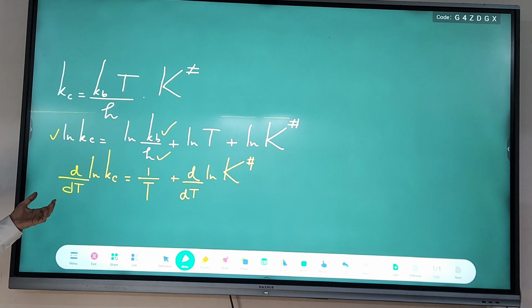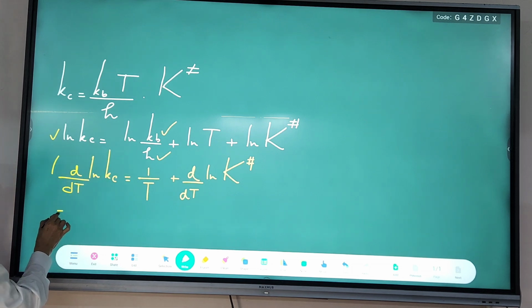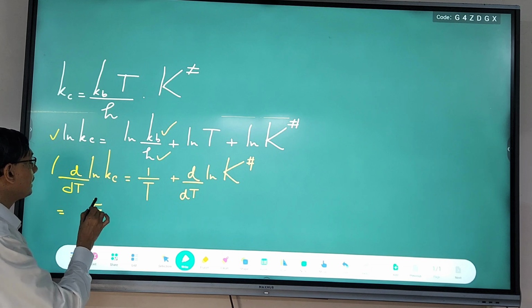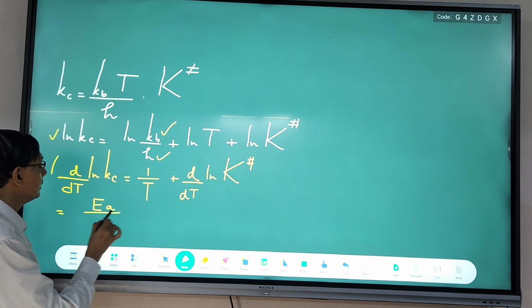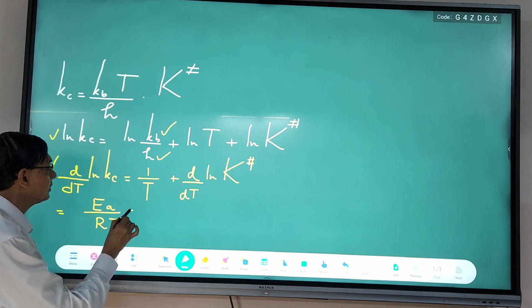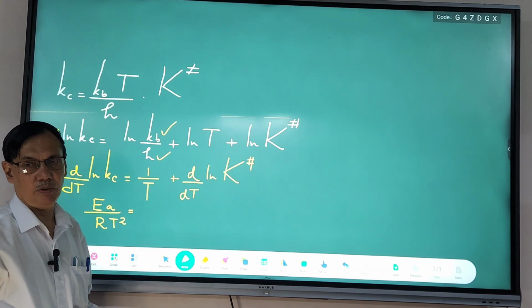Now just remember your Arrhenius equation, and this part can be written as the energy of activation over T square. Similarly, this part you all know, a very important one.